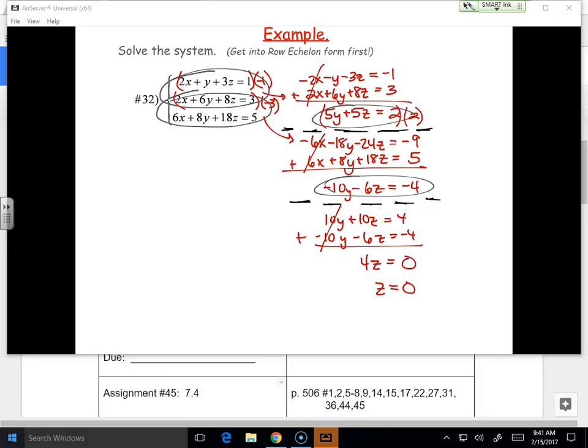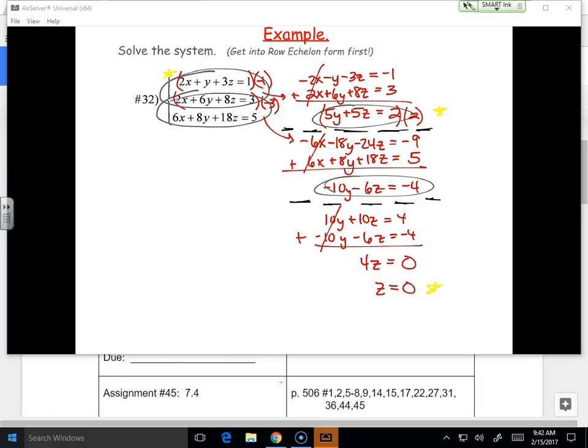Anybody else get z equals 0? That's a keeper. That's easy. What are my other keepers gonna be? Or actually 3y plus 4z. I'm gonna use that one for my keeper, and I'm gonna use this one for my keeper.